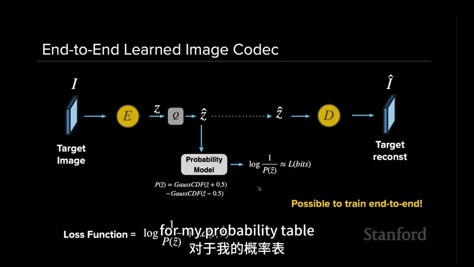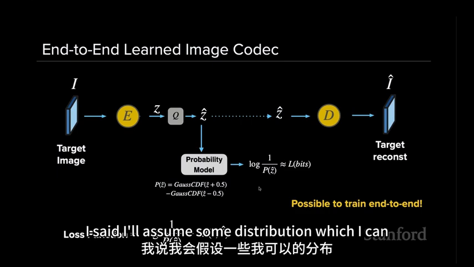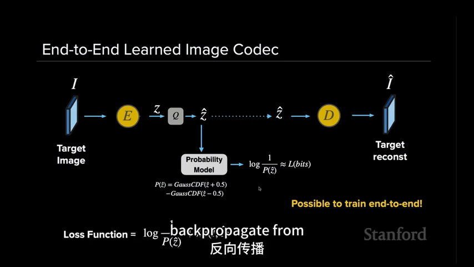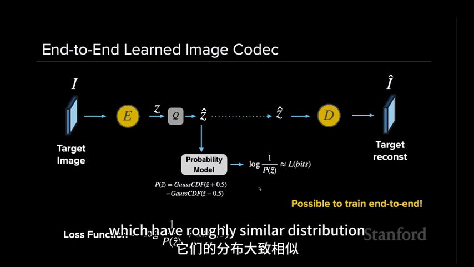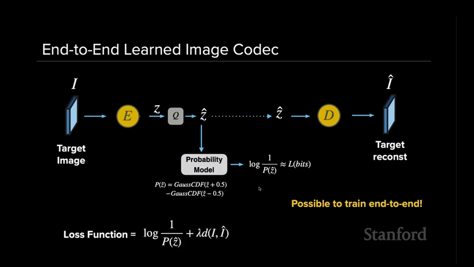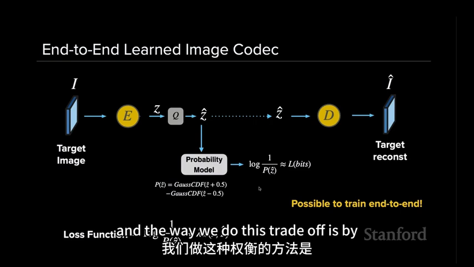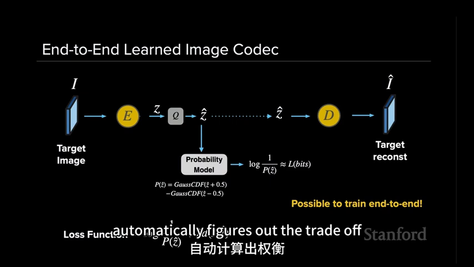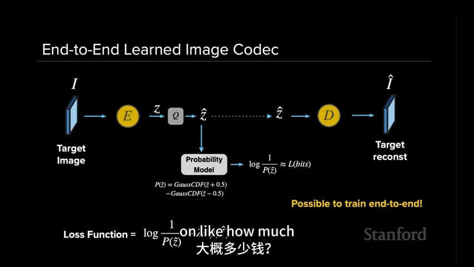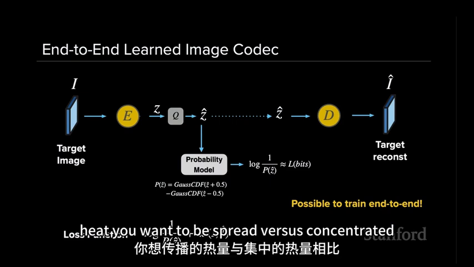For my probability table, I said I'll assume some distribution, which I can backpropagate from. Then my encoder and decoder will try to output z hats which have roughly a similar distribution. And this rate and distortion term automatically figures out the trade-off on how much you want z hat to be spread versus concentrated.